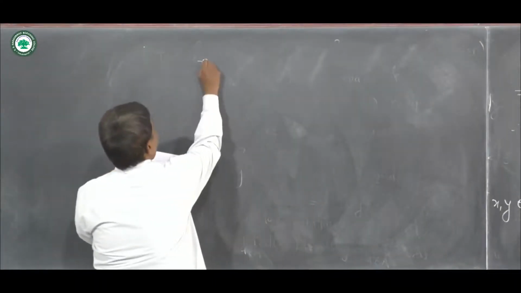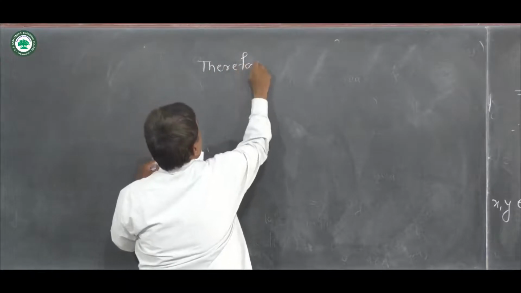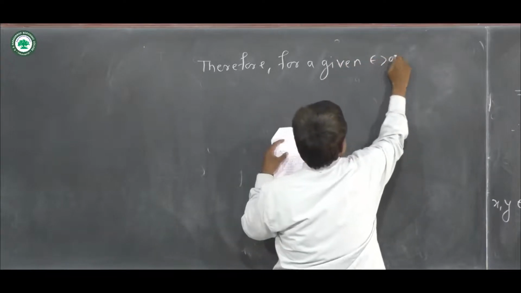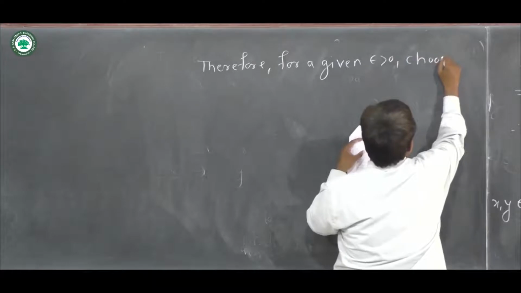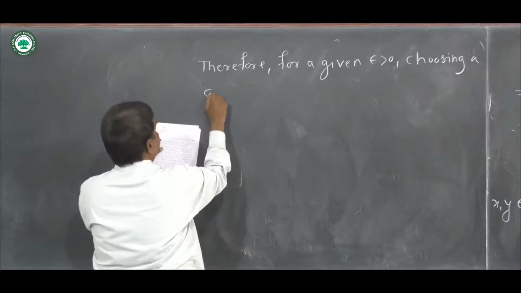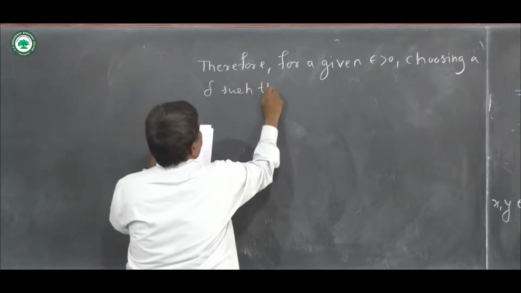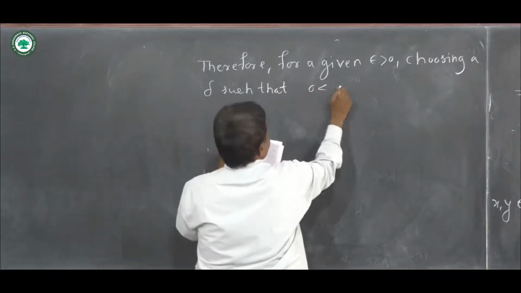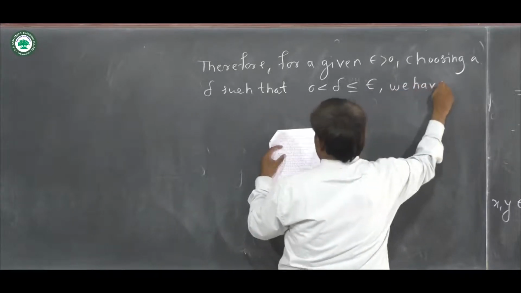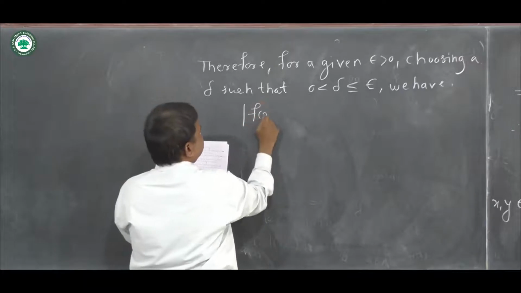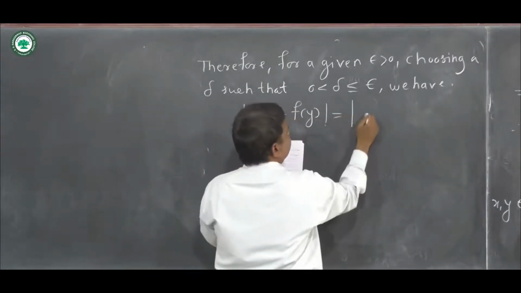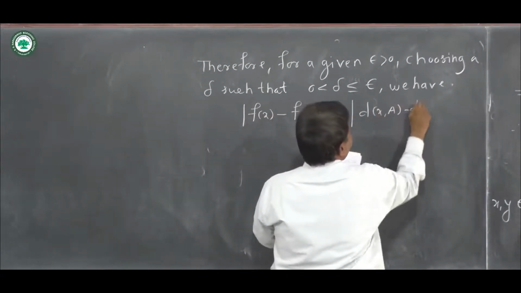So therefore, for a given epsilon greater than 0, choosing a delta such that 0 is less than delta less than or equal to epsilon, we have the absolute value of f of x minus f of y, which is actually the absolute value of d of xa minus d of ya.